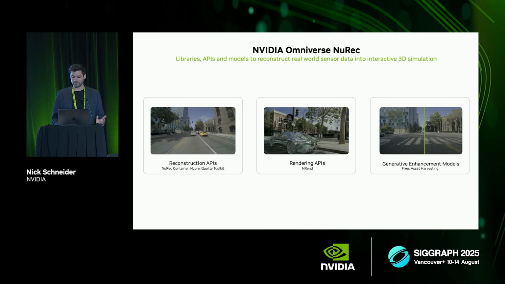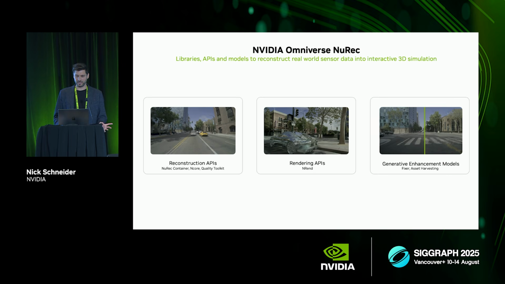So Omniverse NuRec is a set of APIs and libraries to generate interactive 3D simulation from real-world data. It includes reconstruction, rendering, and generative enhancement for high-fidelity real-time simulation environments. For reconstruction, NuRec leverages Gaussian-based methods, which reconstruct scenes into millions of particles that can be moved and manipulated.